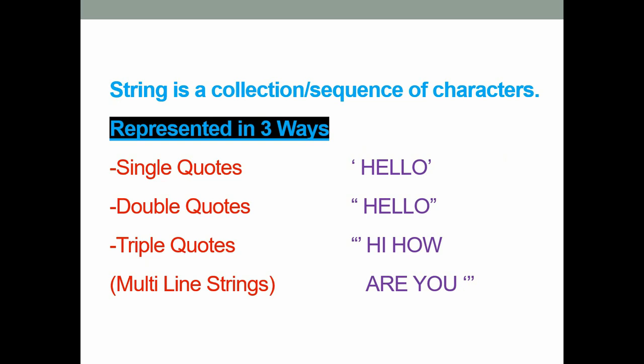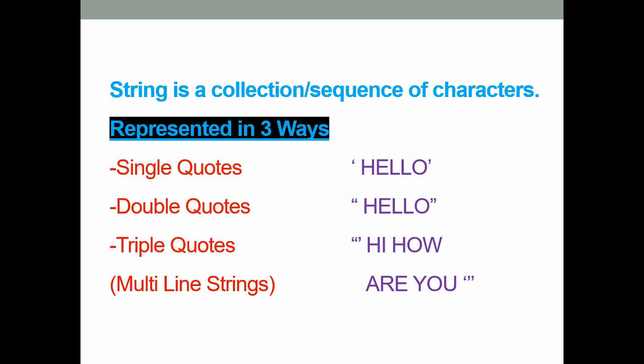In Python, strings can be represented in three ways. The first way is by using single quotes. Simply keep the collection of characters enclosed under single quotes. The second method is double quotes. Simply keep the double quotes and in between write any number of characters that can be treated as the string. And the final method is triple quotes.